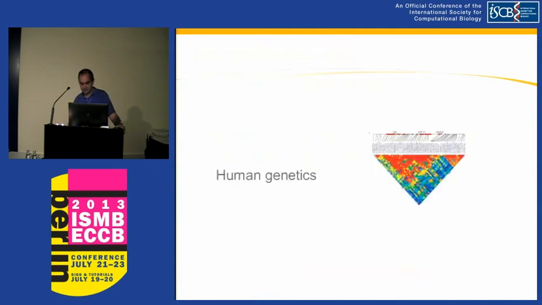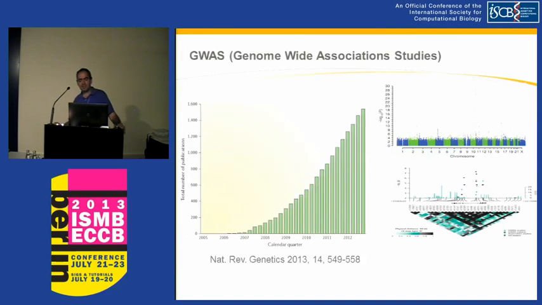Human genetics, that's why we are interested in human genetics. If you look at common disease, and you may have heard the talk by Gonzalo, the keynote talk on Sunday evening, we have all these GWAS for common disease, genome-wide association studies, and that slide you can see the growth of data. This is just a paper that has been published this month in Nature Review Genetics.